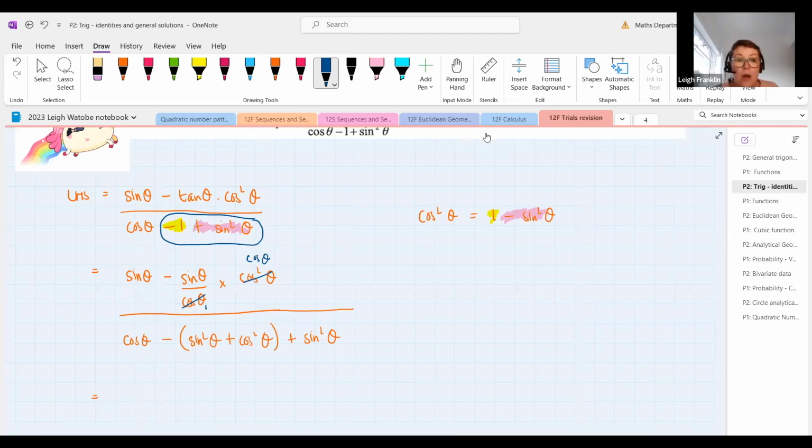That is allowed because I've got a times here, or at least I did before I started fiddling with it. So simplifying my numerator, I'm going to end up with sine theta minus sine theta times cos theta. Is everybody happy with what I've done here? Does that make sense?